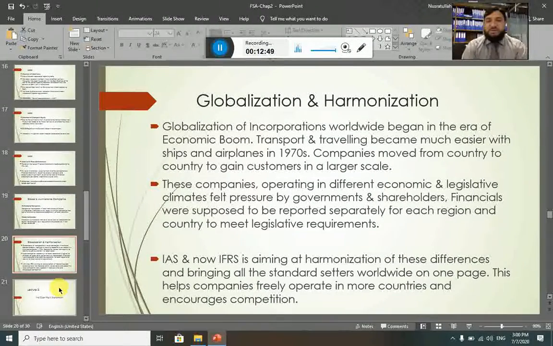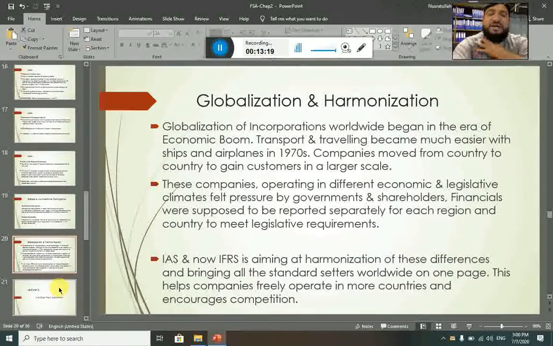These companies operating in different economic and legislative climates felt pressure from the governments and shareholders. Financials were supposed to be reported separately for each region and country to meet legislative requirements. So before globalization, these multinational companies were supposed to report separately and meet the legislative requirements of each country.